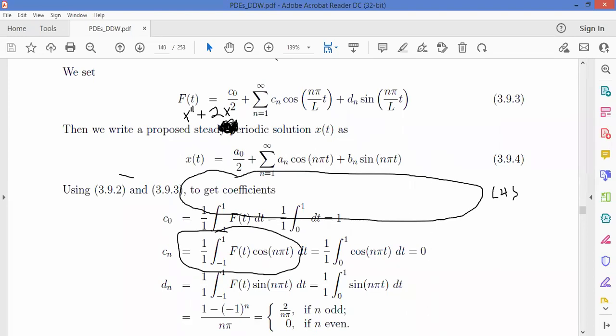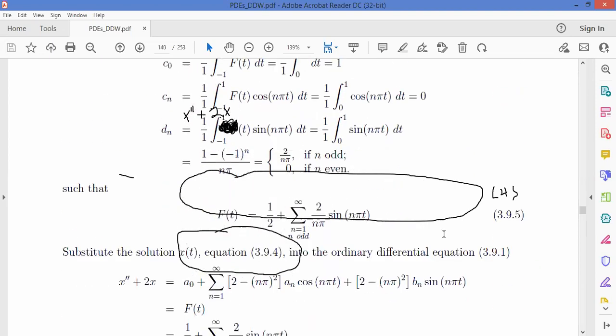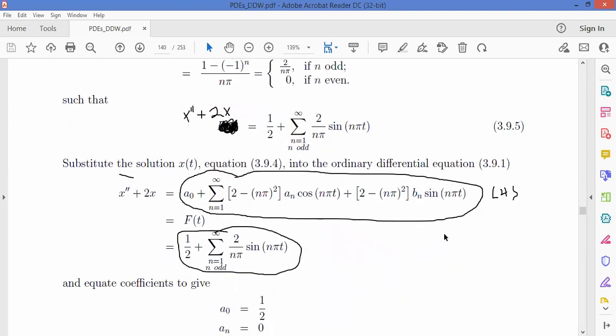So once we have this, we compute using the xt, we compute n naught, we get an and we get bn. And that one we have got as this one here. If you keep differentiating and you substitute, we ended up with this term here.